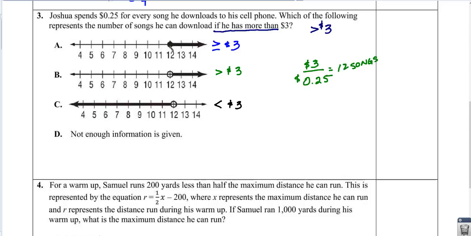So here where it's greater than 12 songs, that was having greater than or equal to $3, because the closed circle, like Jill said, means it could be that amount. Whereas the open circle says that's more than 3, which is what it says here, more than 3. So the correct answer on this one is letter B.